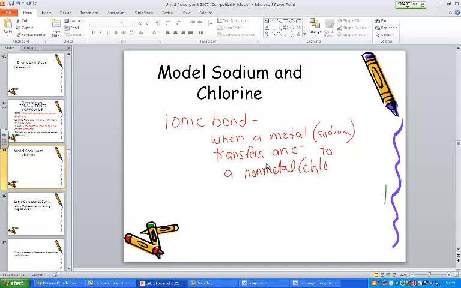That was our chlorine a moment ago in our previous example. An electron transfer is known as the ionic bond.